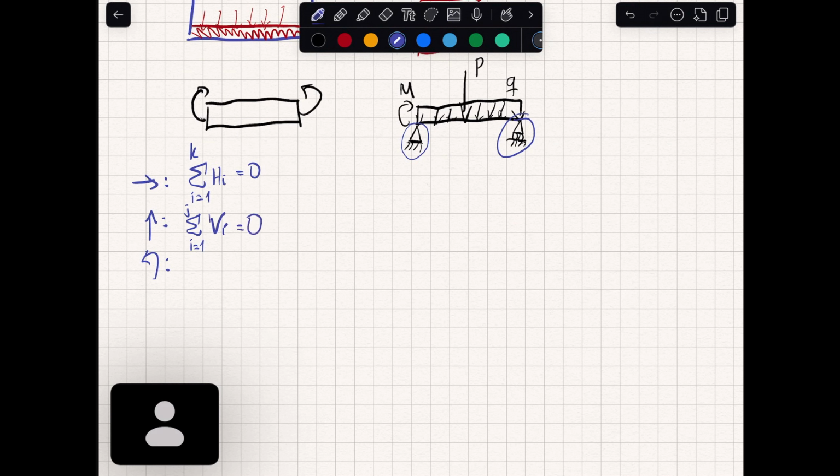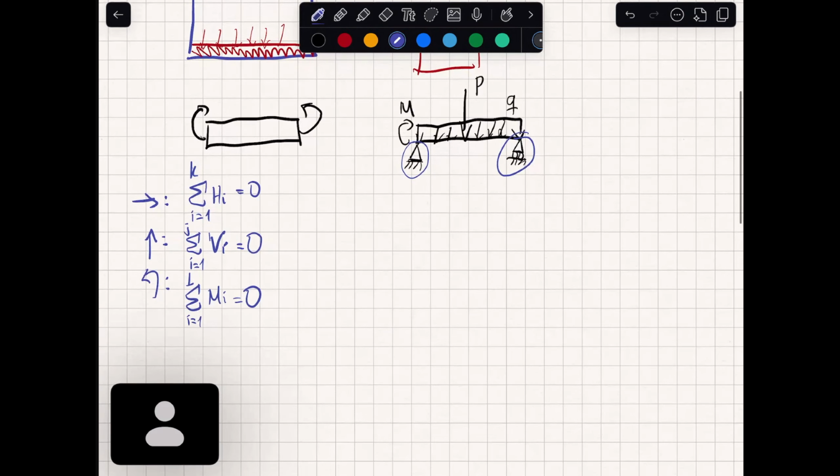And the moment, so the sum of all the bending moments M_l has to be equal to 0 as well. And I will provide examples in future videos about how to practically solve these equations.